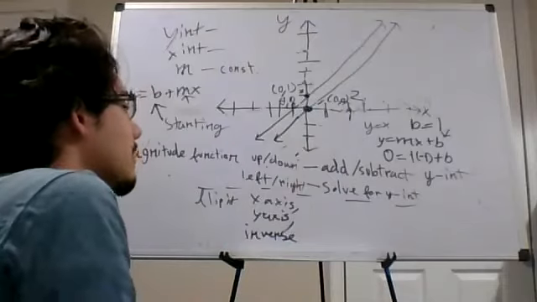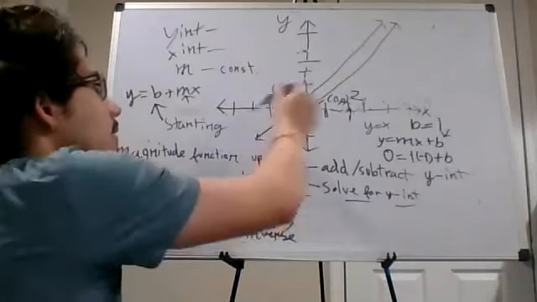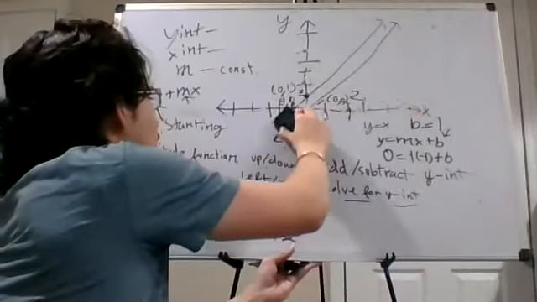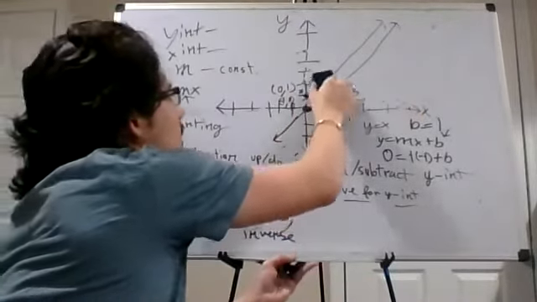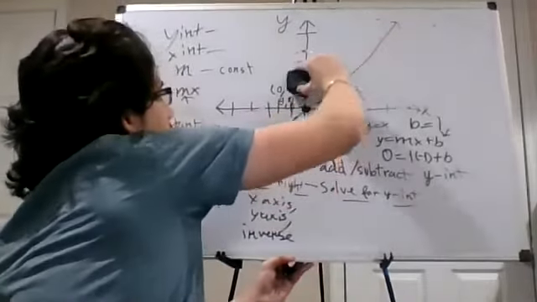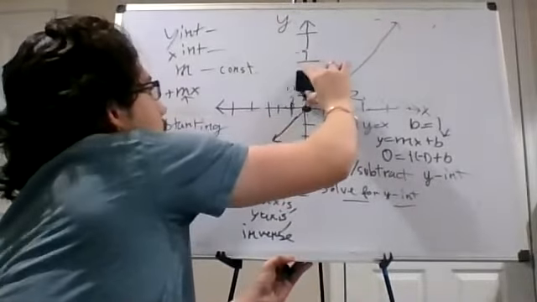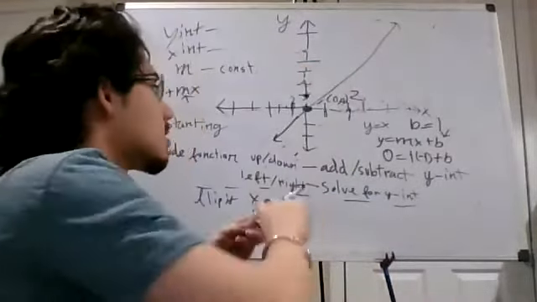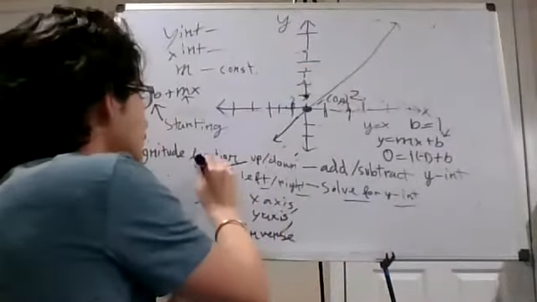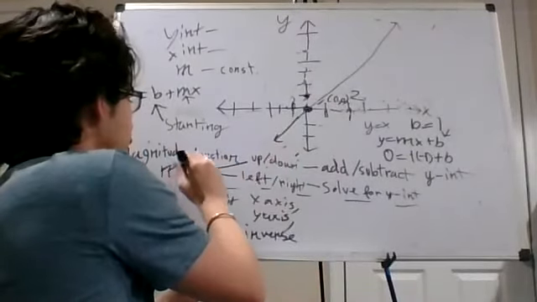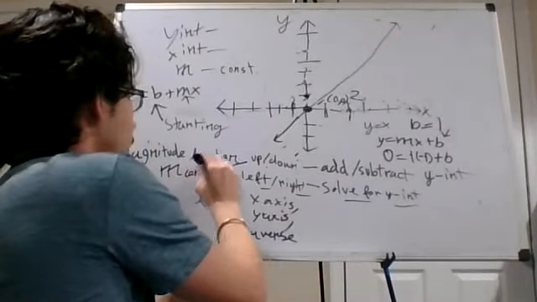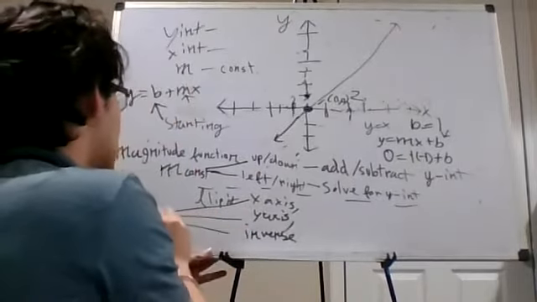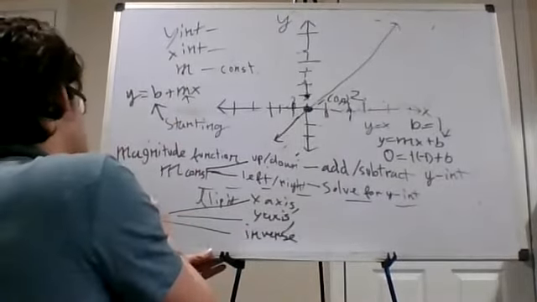When you flip something over the x-axis, we have our x-axis right here. Similarly to how if we move the position of a function, the slope will stay constant, if you flip it, the x and y intercepts will be constant.